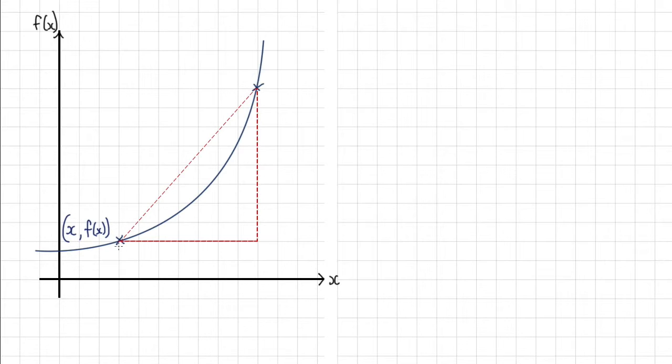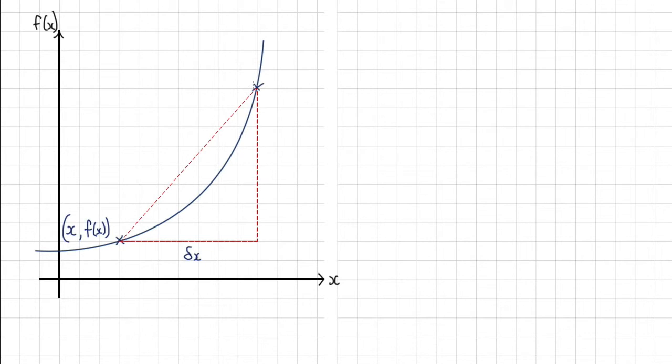So we've got this point, and then we travel along this distance here along the x-axis and up to this point to get this second point. Now this distance here, let's assume is quite small. It's a little bit of x. To represent that, we have delta x. So delta x literally means a little bit of x.